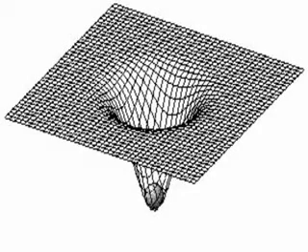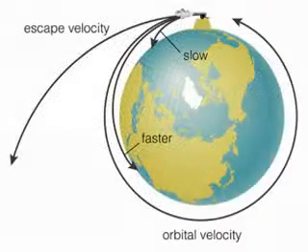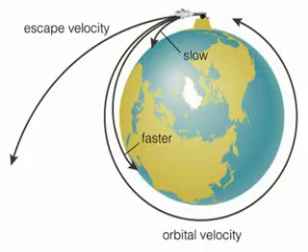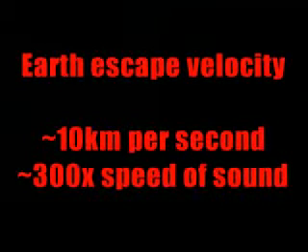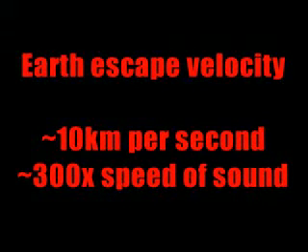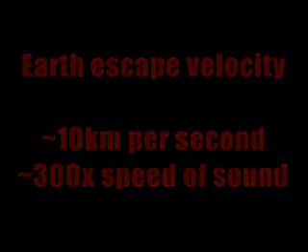This is usually expressed as an escape velocity, the speed at which you need to throw an unpowered object for it to escape from the gravitational well of the Earth. For the Earth, this is about 10 kilometers per second. This is also the velocity that an object falling from infinity to the Earth's surface will gain. So if an object falls from infinity to the Earth's surface, it'll hit it at about 10 kilometers per second.